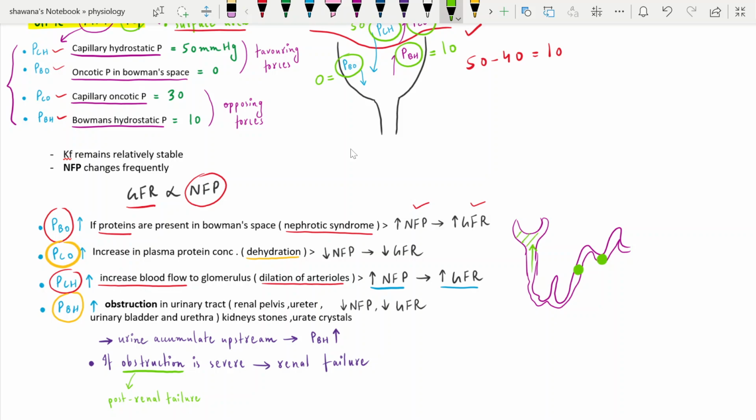If there is obstruction in the renal pelvis, ureter, urinary bladder, or urethra, as in urolithiasis where kidney stones are formed, it leads to pressure buildup inside the nephron or the Bowman space. In this condition, the Bowman's hydrostatic pressure will increase, so it will decrease the filtration. It will affect the filtration.